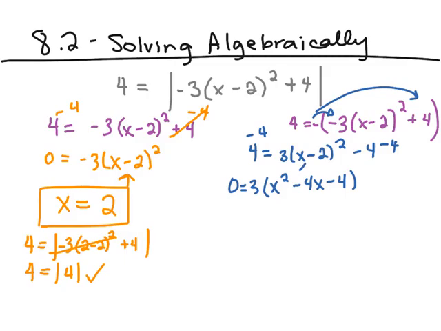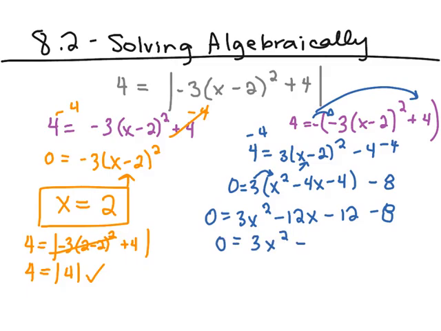Do not forget to FOIL out and distribute everything in the brackets for the x minus 2. Subtract 8, distribute the 3 in, so we have 3x squared minus 12x plus 12 minus 8 is equal to 0. So 0 is equal to 3x squared minus 12x plus 4.